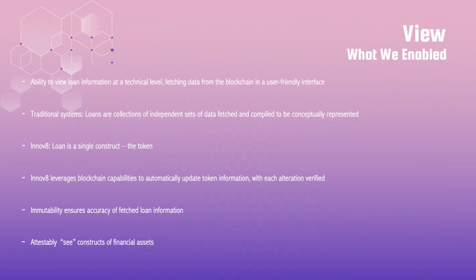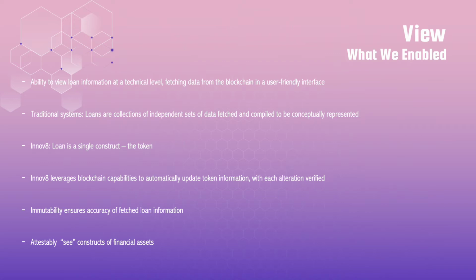As you can see from the last video, we demonstrated the ability to view loan information at a technical level by fetching data from the blockchain and presenting it in a user-friendly interface. But what does this mean? What does this enable? In traditional loan management systems, loans are collections of various independent sets of data which are fetched and compiled to be represented conceptually in a user interface.